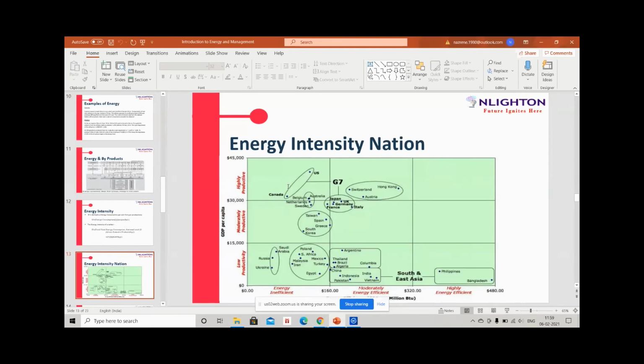Energy intensive nations are more focused on improving energy efficiency and reducing energy losses, so their GDP is very, very high, and they are focusing on substitutes for energy losses. Let's take the example of the US.